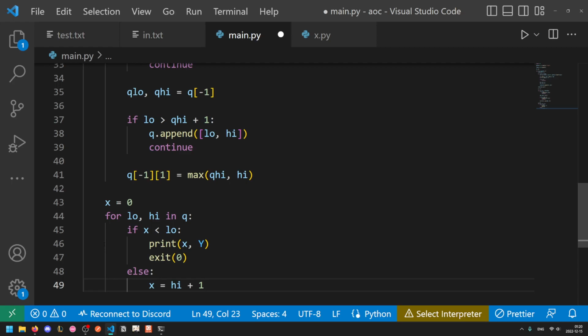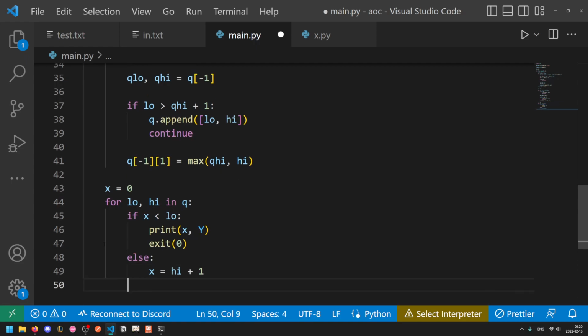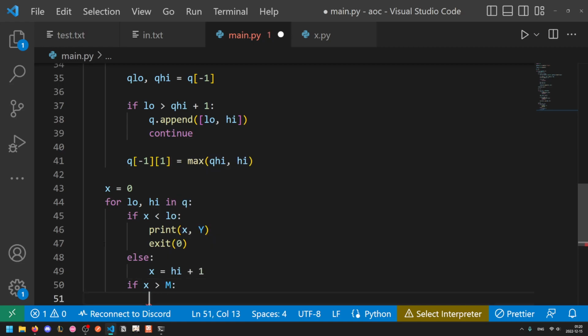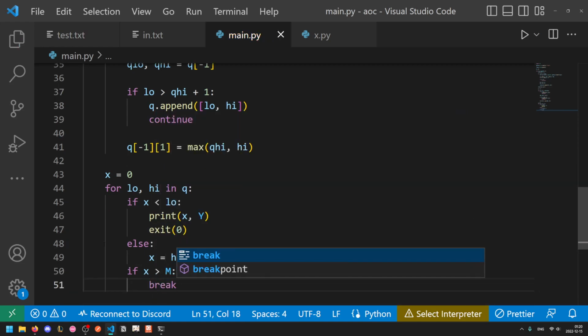Note that because we merged all touching intervals, this actually technically means that we've already jumped outside of an interval, which we'll notice when we get to this step. But we also might have jumped past our search boundary. And so if x is greater than m, which is our search boundary, then we will break out of this loop.